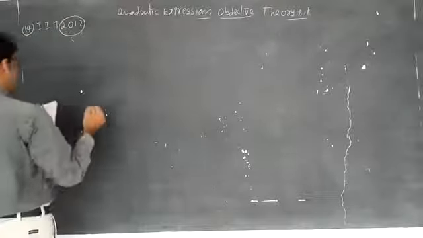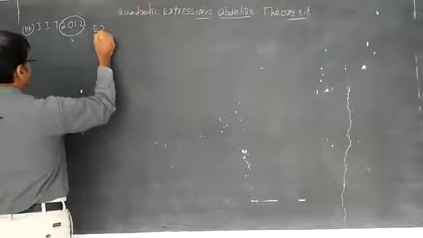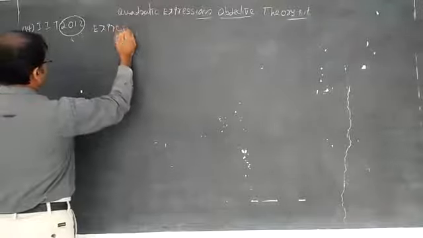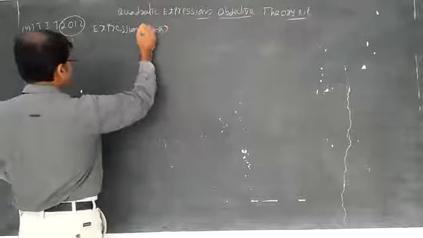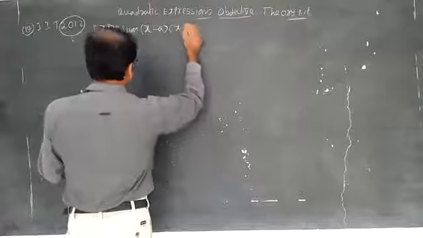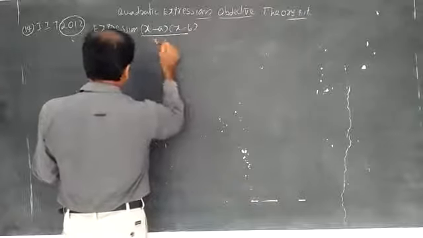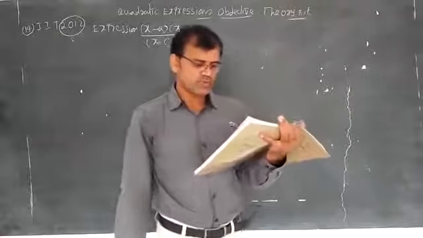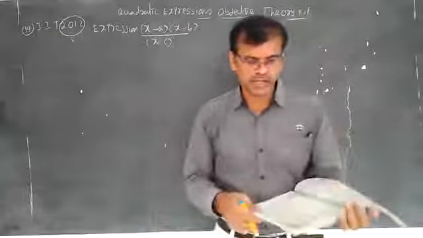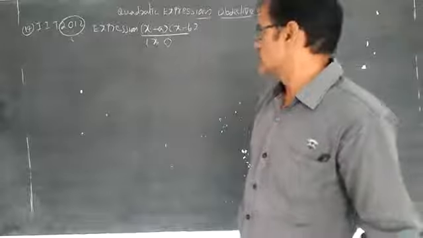For some real x, the expression (x minus a)(x minus b) by (x minus c) will assume real values provided.